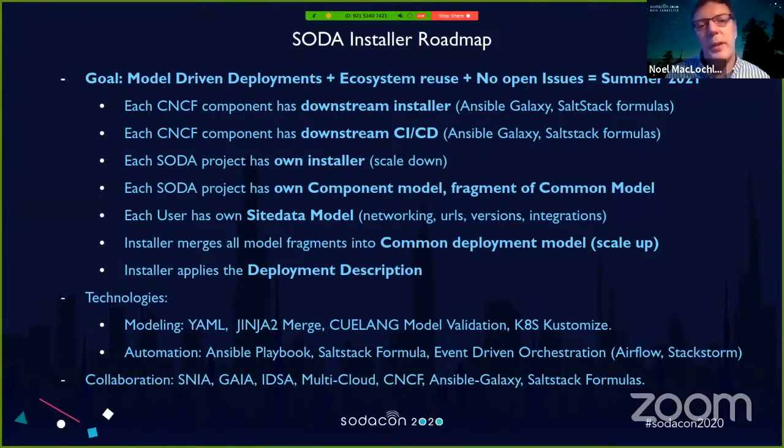So each CNCF component, like Kubernetes, Prometheus, Grafana, has its own installers. We will look to see if we can reuse that. We can get those installers from Ansible Galaxy and SaltStack formulas. I'm a core maintainer of that, so I can guarantee that any CNCF component that we use or want to use in SODA will have a downstream installer in SaltStack.